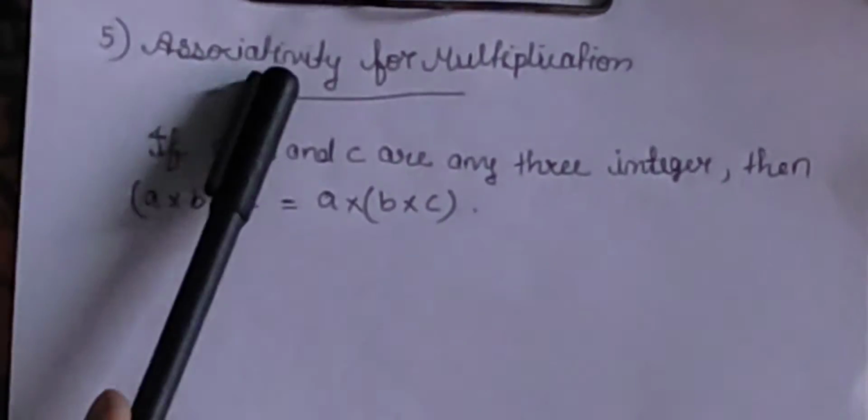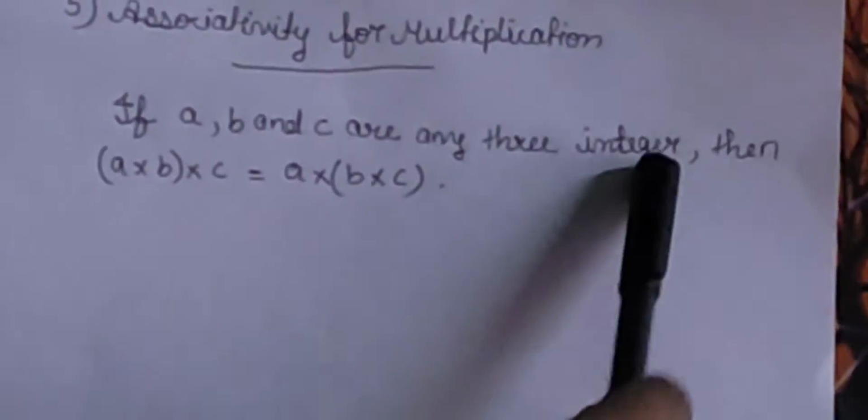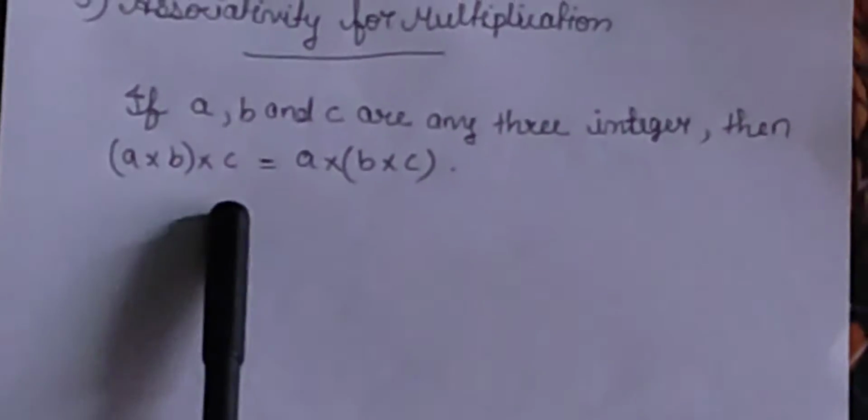Fifth one, associativity for multiplication. If a, b and c are any three integers, then (a into b) into c is equal to a into (b into c).